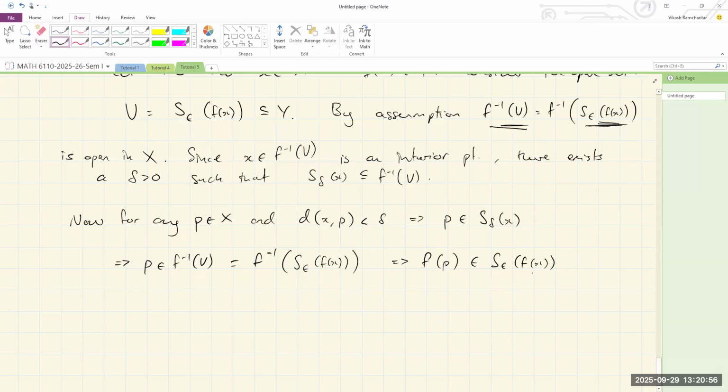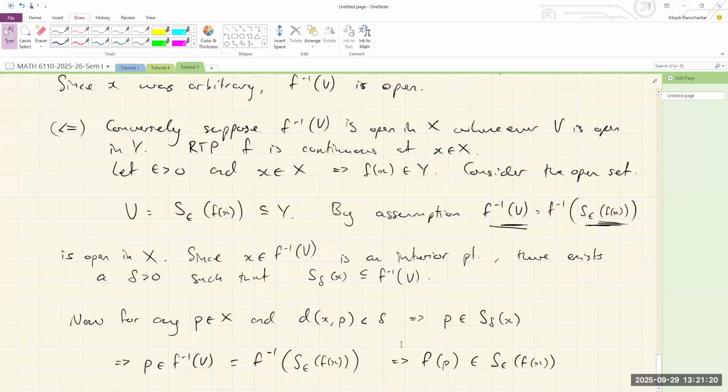Okay, so if P is in this epsilon sphere, then that means that the distance between the center, which is f of x, and this point, f of P, must be less than epsilon, right? So what did we just do there? Let's recap.